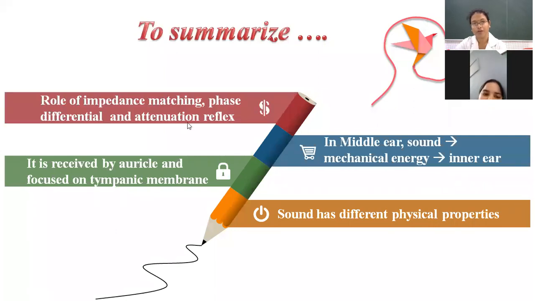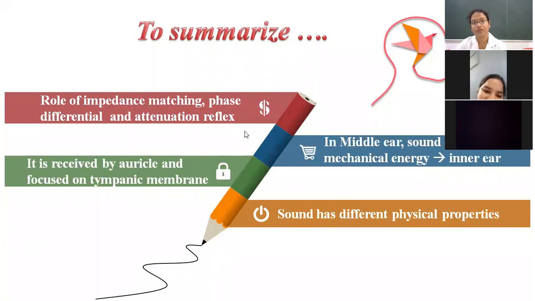To do this job, we have the role of impedance matching, where the lever system and the increased pressure on the oval window do the job, along with the phase differential between the oval window and the round window. And next is the role of the attenuation reflex, which protects our cochlea from exposure to loud sound.